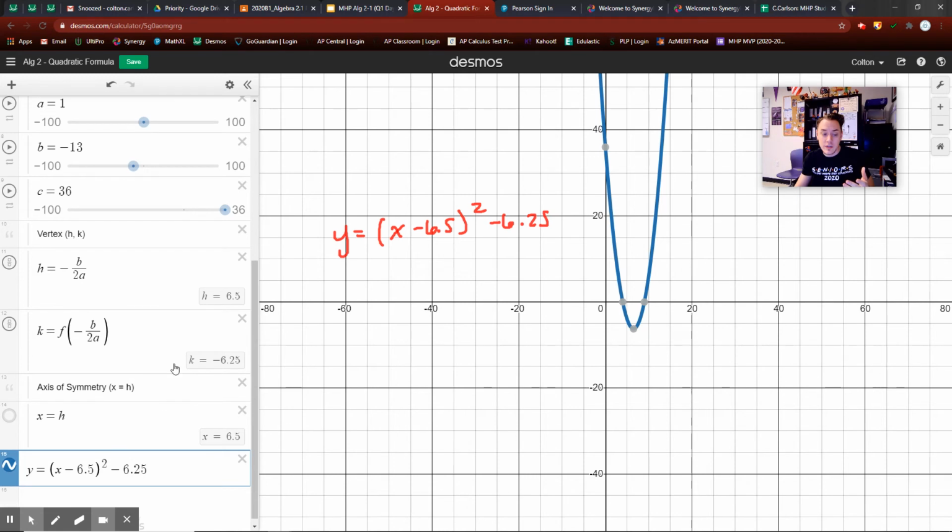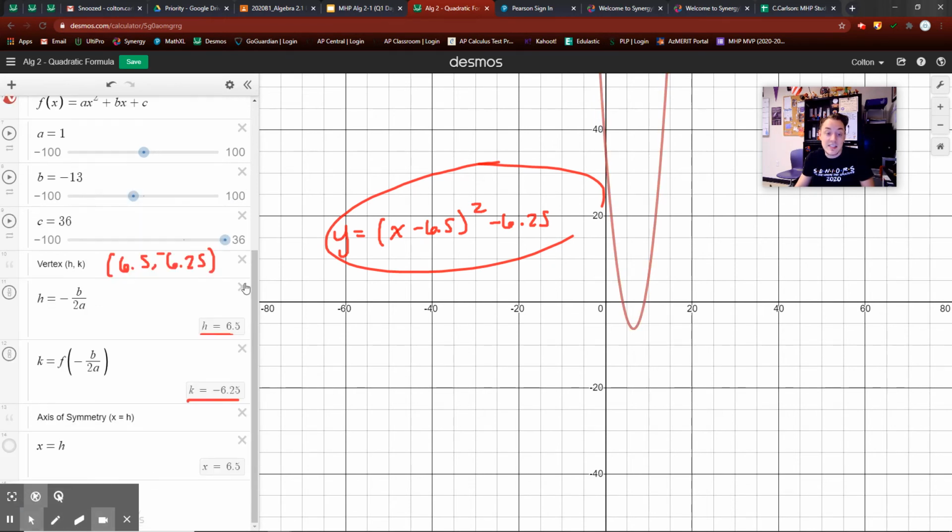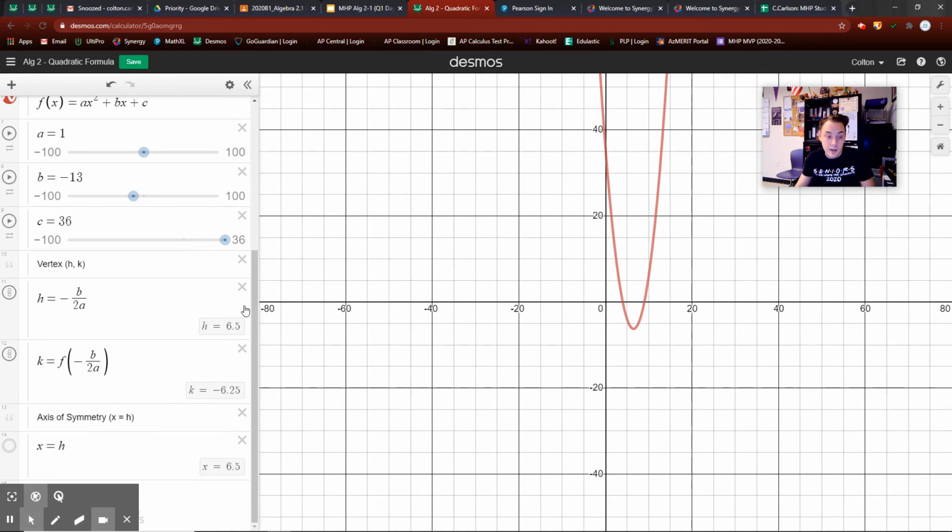So remember, this is your vertex, h, k, which means it is 6.5, comma, negative 6.25. That's exactly what I have here. So again, Desmos is very, very helpful. That's your vertex form. It's the exact same equation as the standard form. Okay, very, very cool stuff.